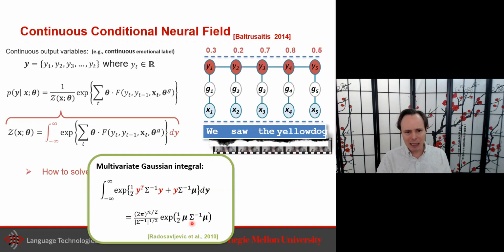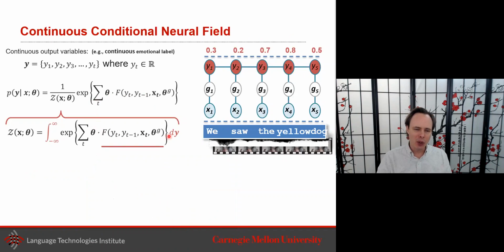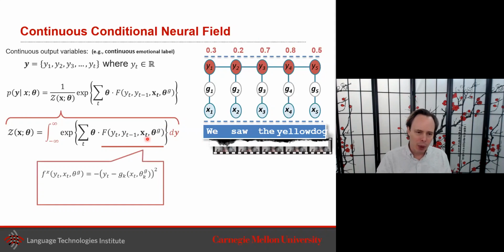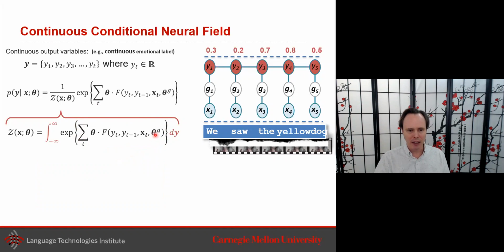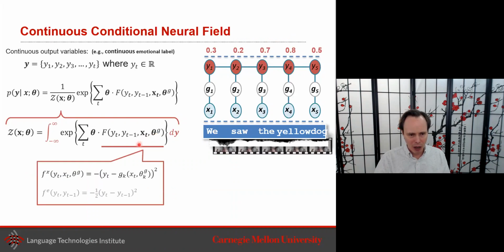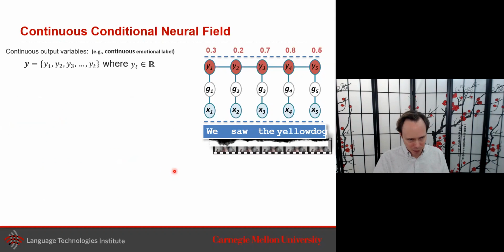What it means is that now I can't use just any potential function or feature function. They need to be feature functions that will eventually allow me to have a formulation close to the multivariate Gaussian integral. And this is one example that was suggested when this continuous CRF was presented.